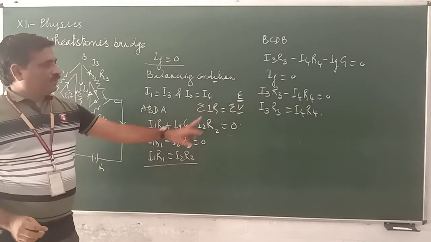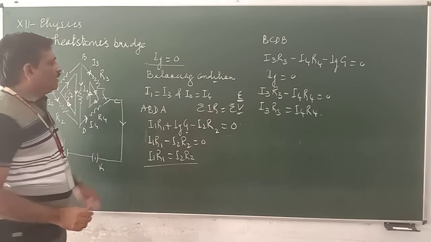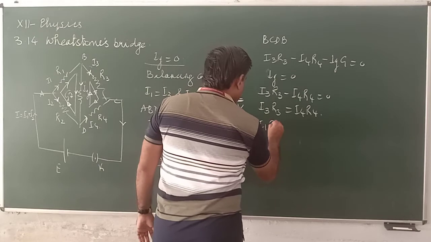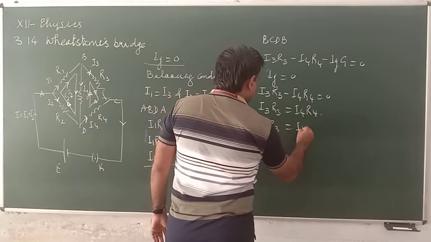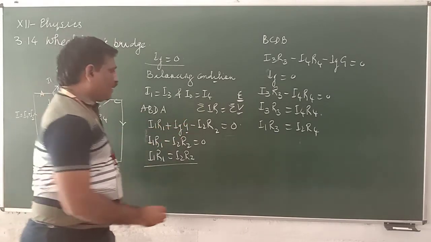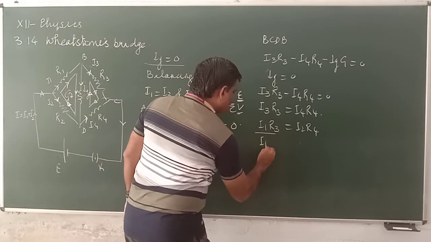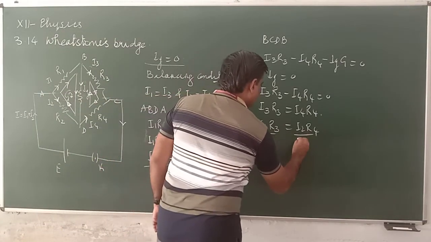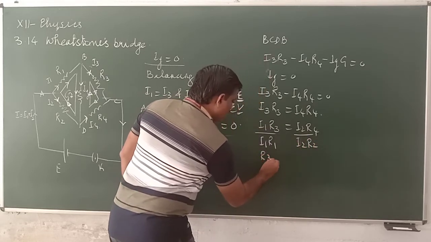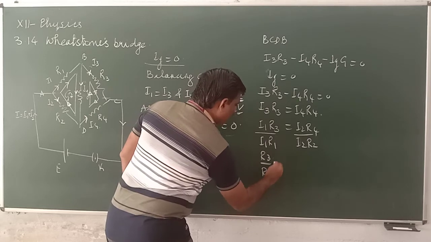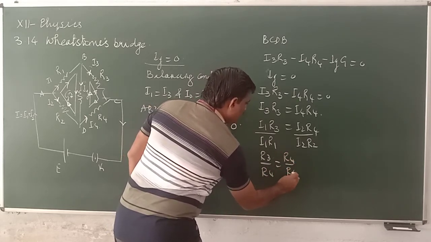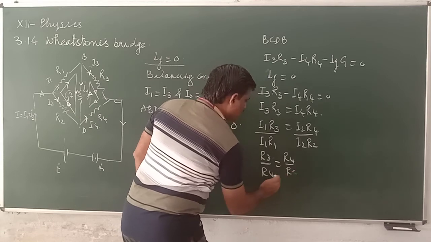If I divide these two and substitute, I get I1 R1 by I3 R3 equal to I2 R2 by I4 R4, and since I1 equals I3 and I2 equals I4, I get R1 by R3 is equal to R2 by R4.